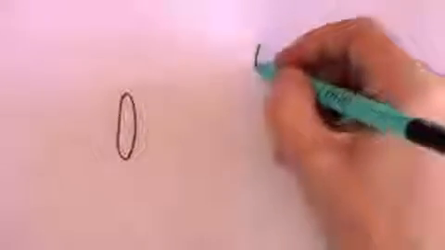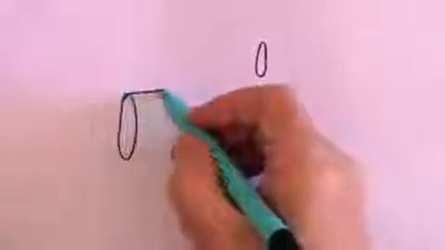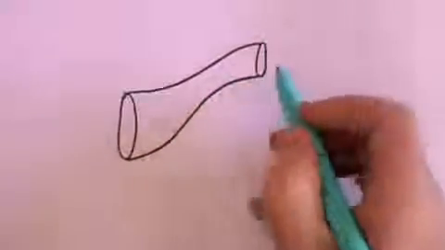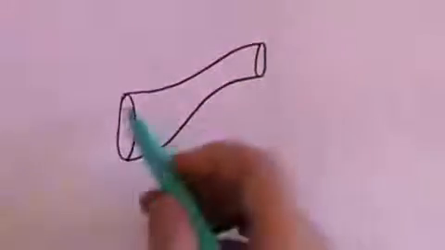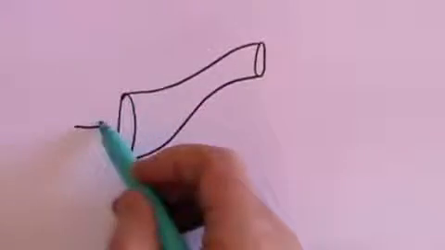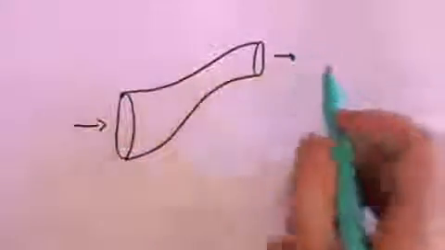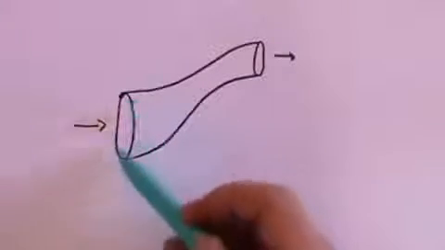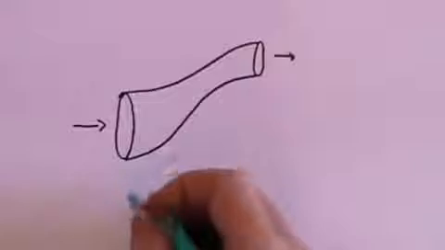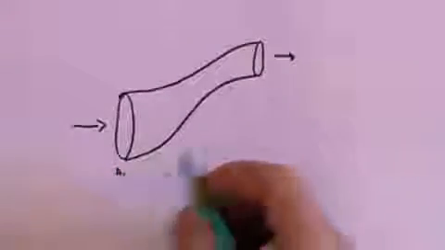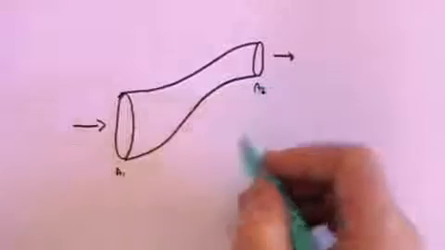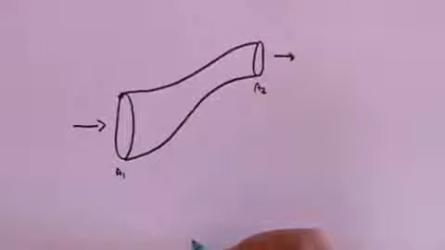I'm going to take a pipe which looks like this, and you'll notice two features about this pipe. The first is that the fluid is coming in here and it's coming out here. You'll notice that the area of the pipe at this point, which we will call A1, is much greater than the area of the pipe at this point, which we will call A2.